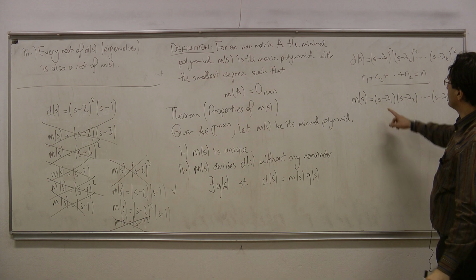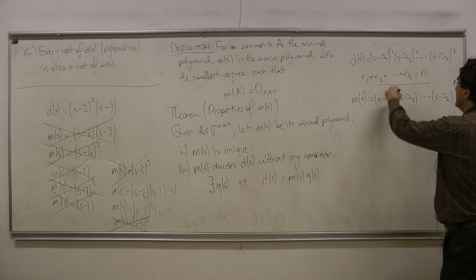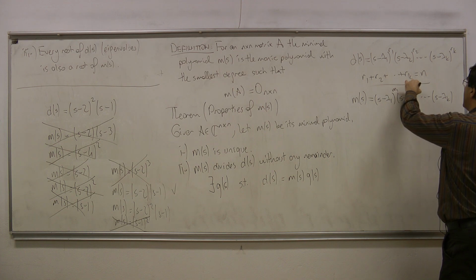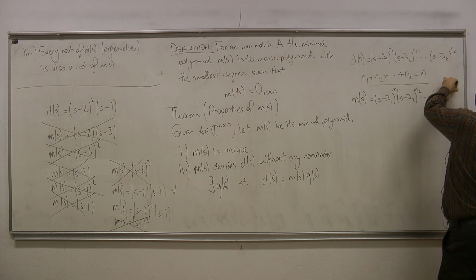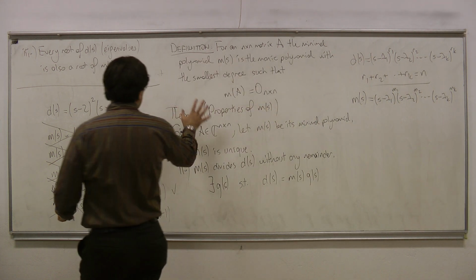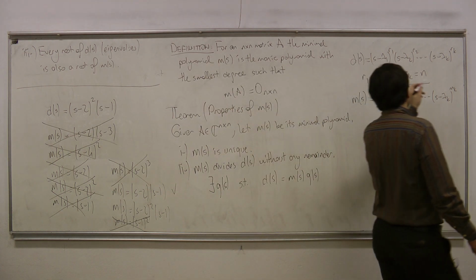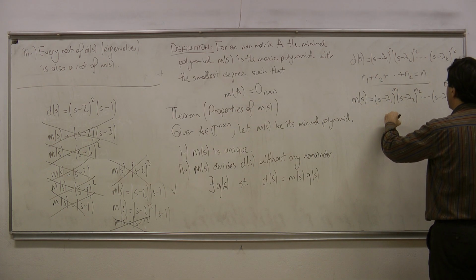Okay? But of course, in the minimal polynomial, I can have some multiplicities here. Let me call these multiplicities m1, m2, going until mk. Now, by using these properties that we have given, we can actually give some ranges for the mi's.